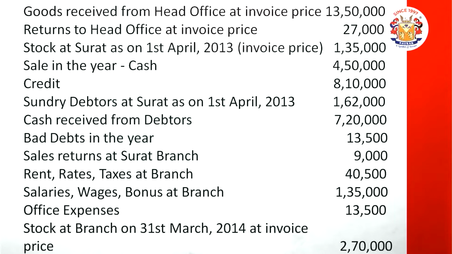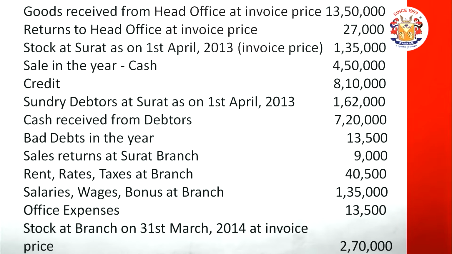Next one, returns to HO at invoice price 27,000. Mind well, goods received from HO at invoice price 13,50,000 means at 133.33. Returns to HO at invoice price 27,000 means at 133.33.